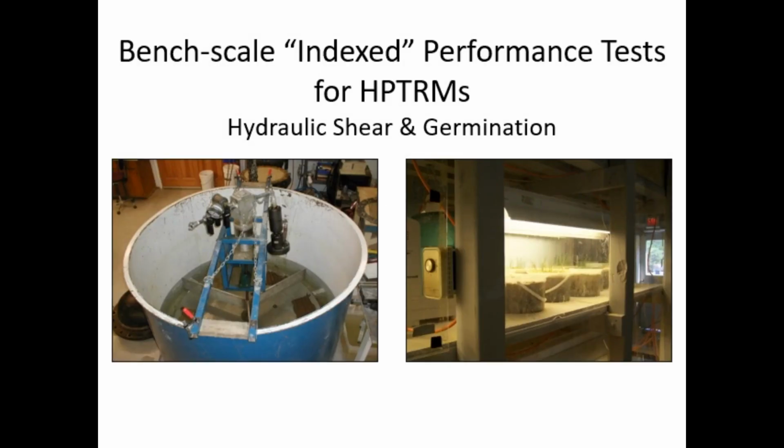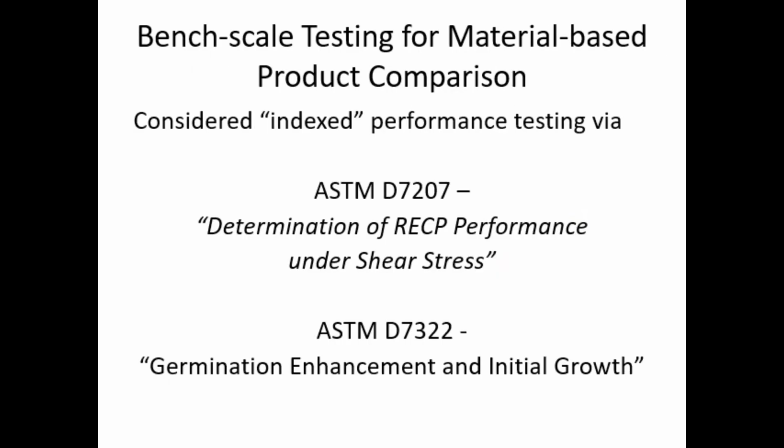The standardized bench scale index tests primarily applicable to TRMs are the channel erosion and germination tests. The bench scale channel erosion test is ASTM D7207, and the bench scale germination test is ASTM D7322.